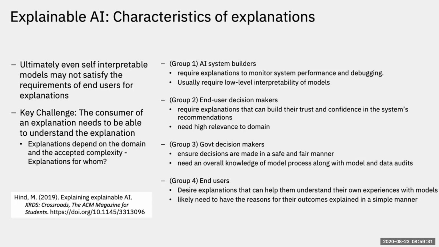Thus, whereas AI system builders usually require low-level interpretability of models, the end users, like the patients, would likely need reasons for their specific outcomes as predicted by models in a very simple manner. On the other hand, end user decision makers can require explanations for building trust, whereas government decision makers may want explanations to make sure that decisions are made in a safe and fair manner.